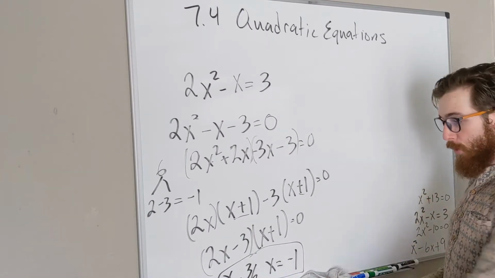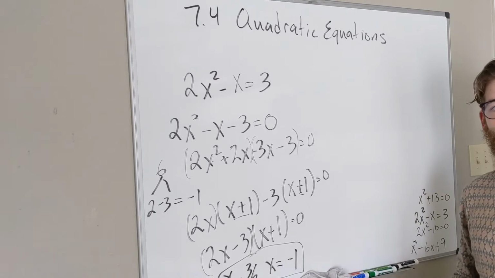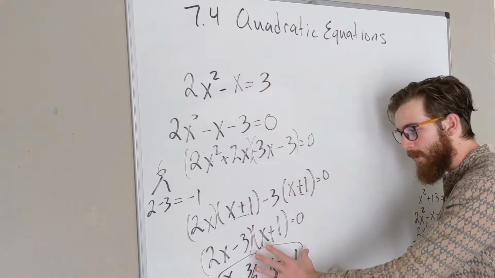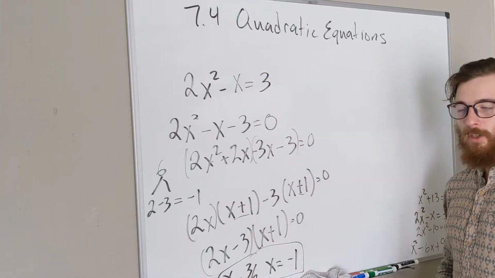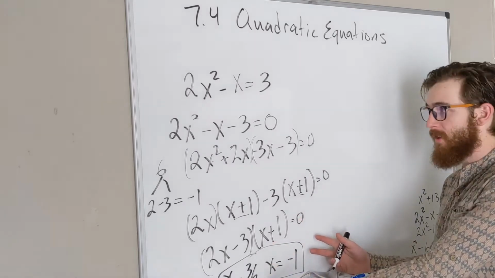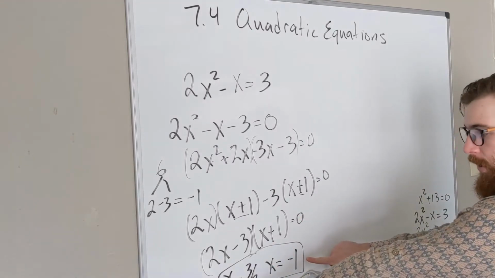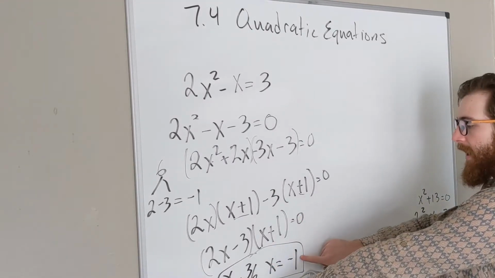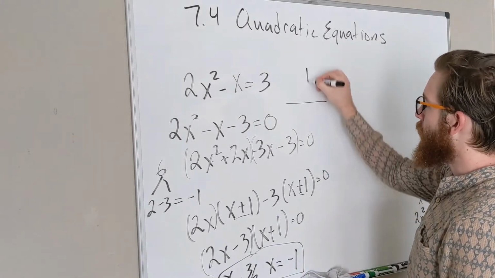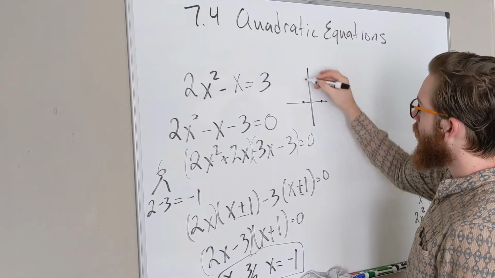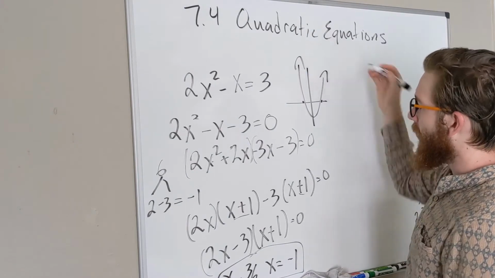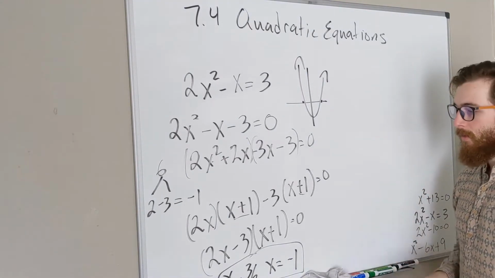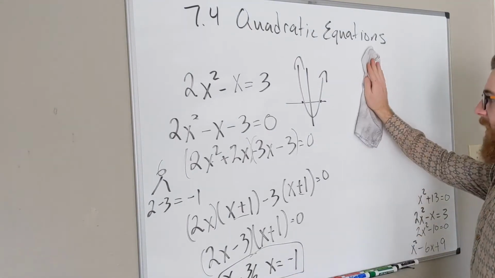It gave me 2 real roots. Those are both real numbers. So I know that this problem has 2 real roots. If I was to look at the graph of this, I would expect the roots to go through 3 halves and negative 1. So if I drew a graph, it should look something like that. Okay, next example.